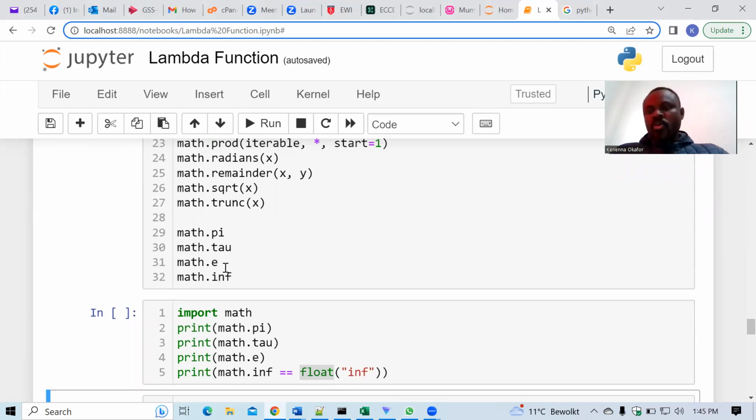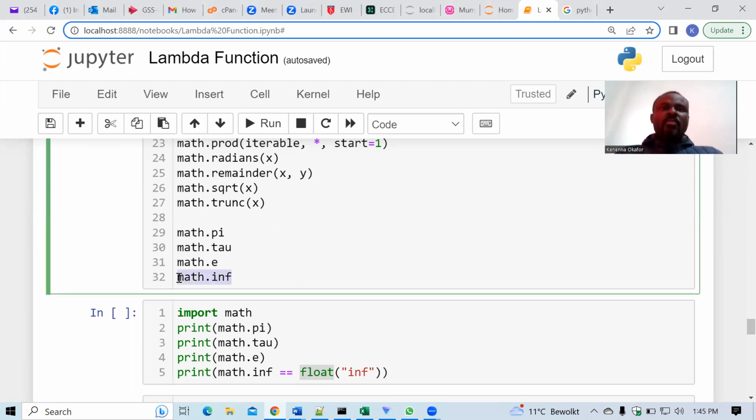And that's what you call the Euler number, right? Then the inf, which here, given this math.inf, returns the positive infinity. Because if you wanted to access the negative infinity, you simply put a minus sign here.